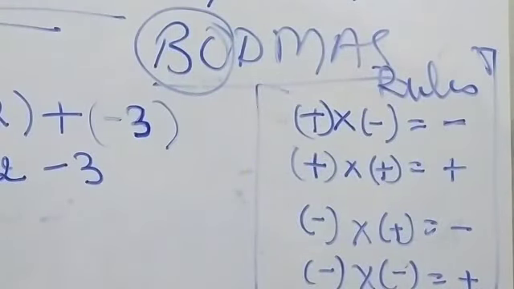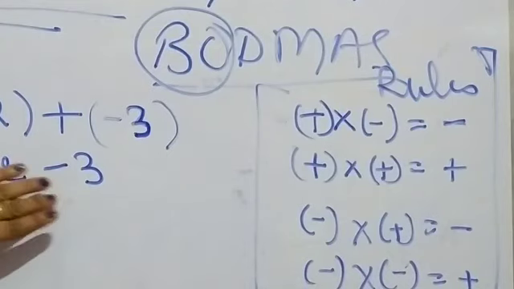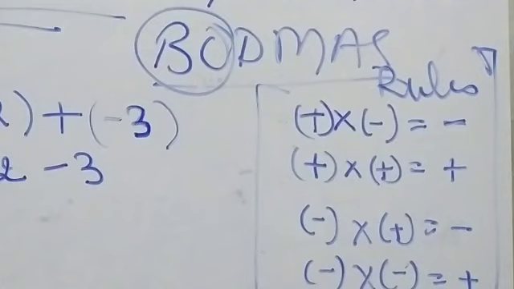Now see, 2 minus 3. Will 3 go from 2? No. So which number is greater, 3 or 2? 3 is greater. Before it, which sign is there? Minus. So you have to put the sign of the greater number.